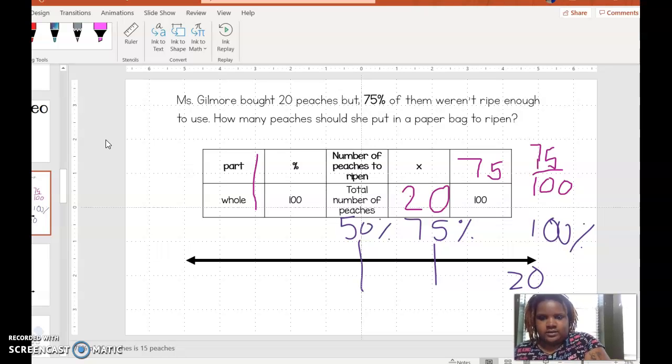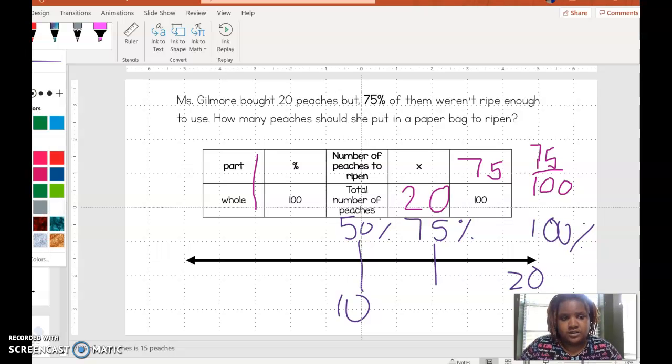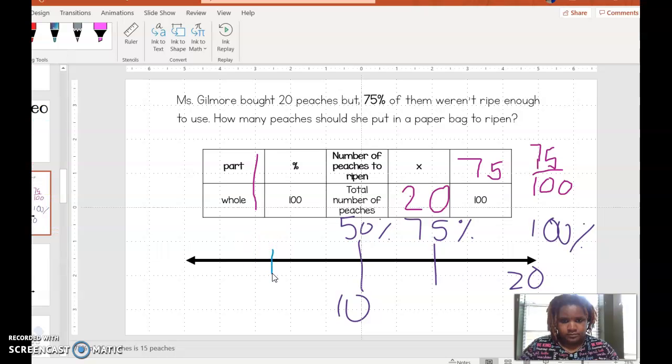Half of 20 is 10. Then when I look at 50, 75, and 100, hopefully you know that these are benchmark fractions, which means these are common. So I know that if I split this 50 in half, this is going to turn into 25%.